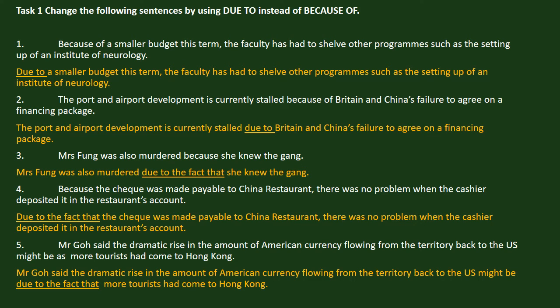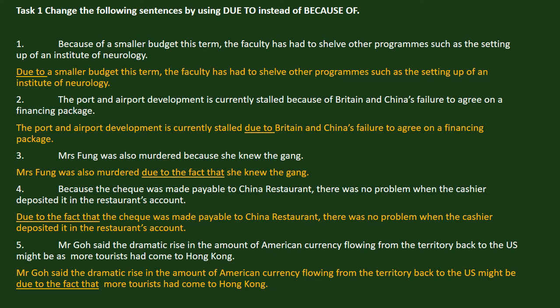1. Due to a smaller budget this term, the faculty has had to shelve other programs such as the setting up of an Institute of Neurology. 2. The port and airport development is currently stalled due to Britain and China's failure to agree on a financing package. 3. Mrs. Feng was also murdered due to the fact that she knew the gang. 4.